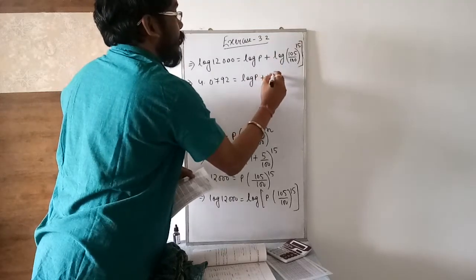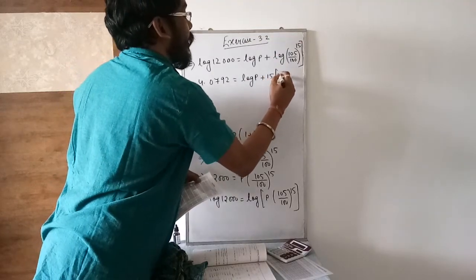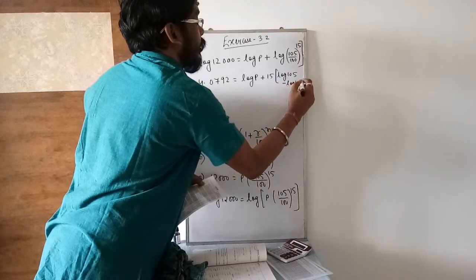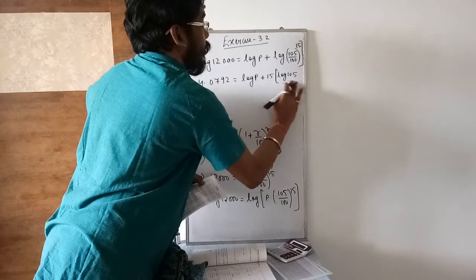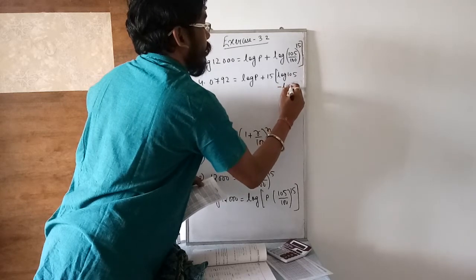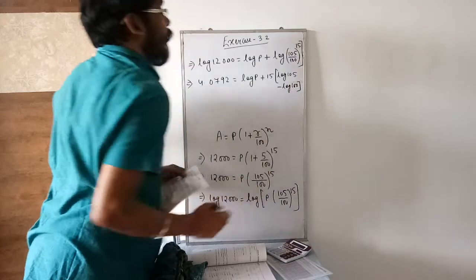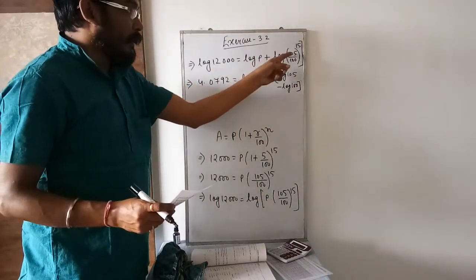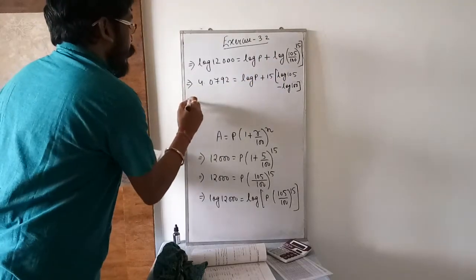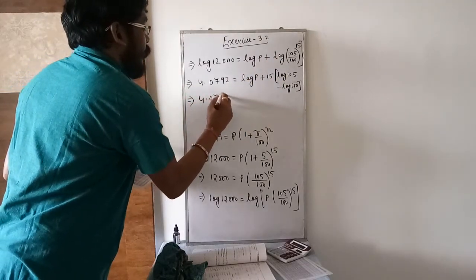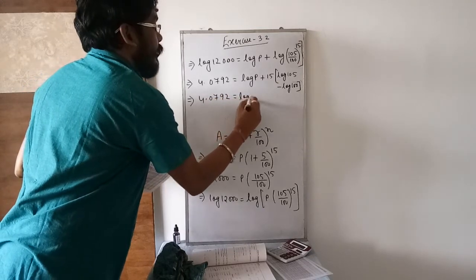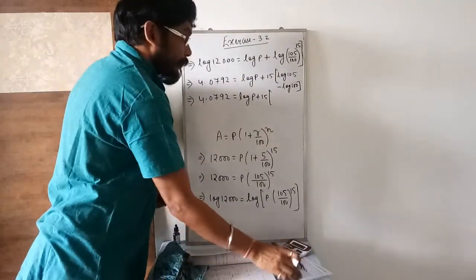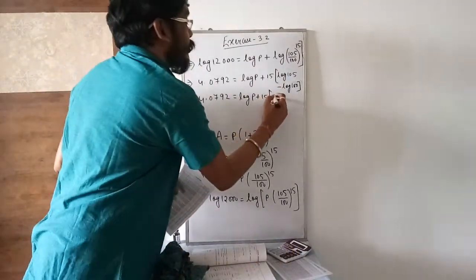Power always comes in as a coefficient, and division becomes minus, so it will become minus log 105 minus log 100. I am writing it here, minus log 100. I repeat again, log P, the power comes in as the coefficient, log of this by this means minus. So here no changes, log P plus 15. Here you see 105. 105 means 3 digits, so 2 point.